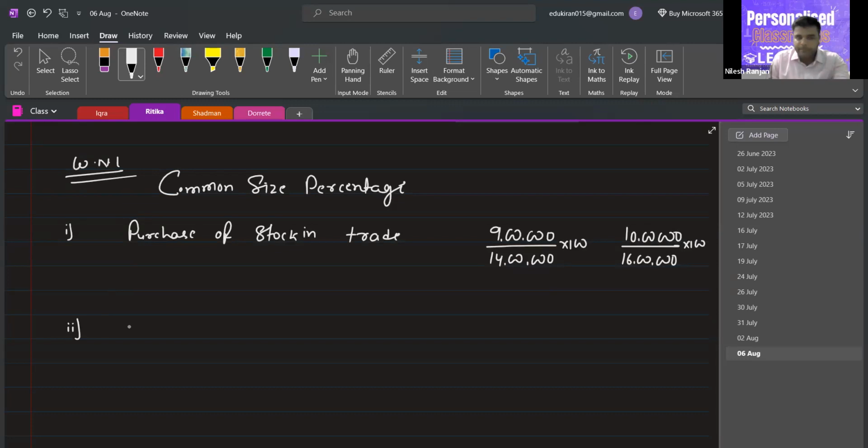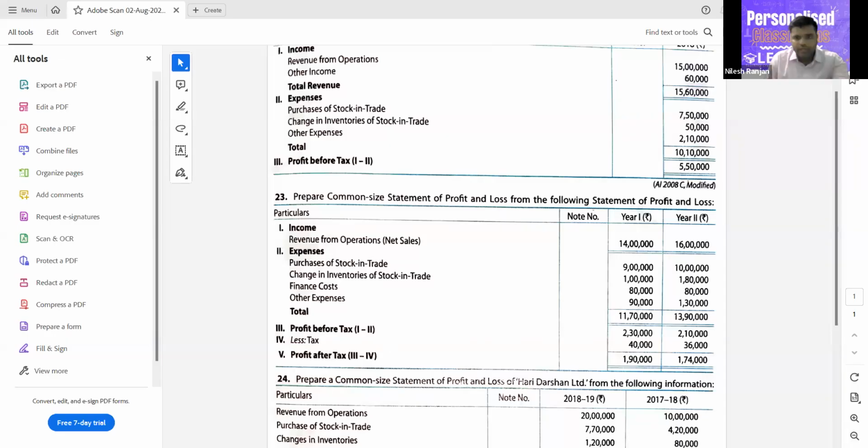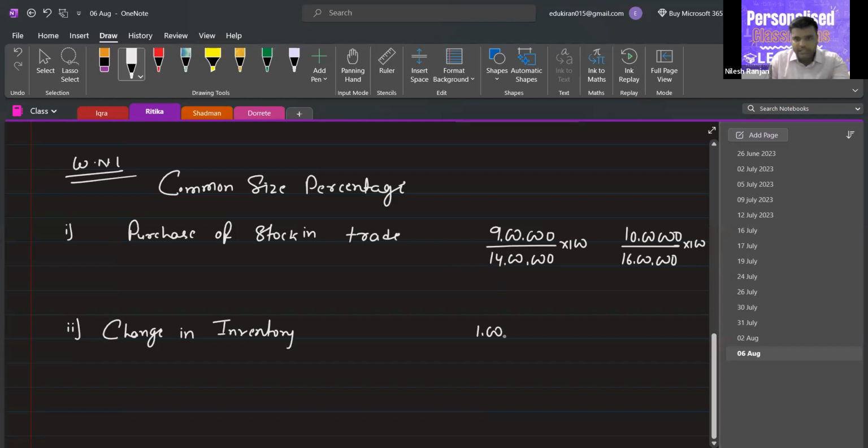Second is change in inventory. So it is 1 lakh, 1,80,000, 1 lakh divided by 14 lakh into 100.